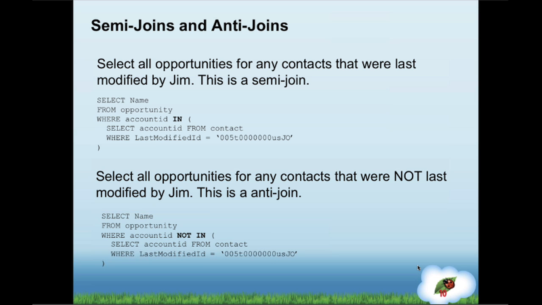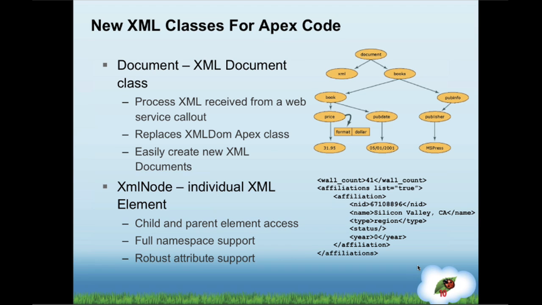And to do an anti-join is simply adding a NOT before the IN. So instead of everything being in that group, we select everything that's not in that group. Again, the overriding theme here is trying to provide more power in system-level functionality so that you don't have to roll your own in Apex code.